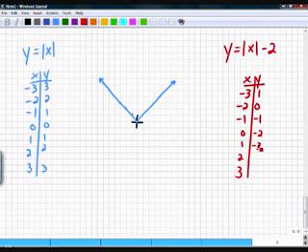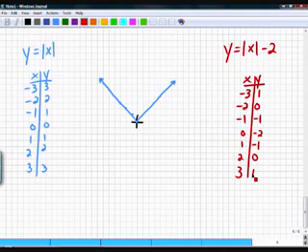Be careful about the patterns though, because of how this comes down and then goes back up. Do you think the next one's going to be negative 3? It's not. Because this thing comes down and it looks like it's going to follow a pattern, but then it jumps back up. Plug in 1, the absolute value of 1 is 1, minus 2 is negative 1. It doesn't follow the pattern. Tricked you. Plug in 2, the absolute value of 2 is 2, minus 2 is 0. 3 minus 2 is 1.